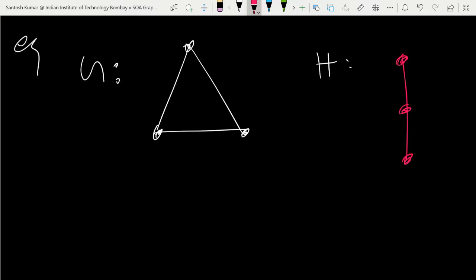Now the Cartesian product of G and H will have how many vertices? 9. So it will be 9.